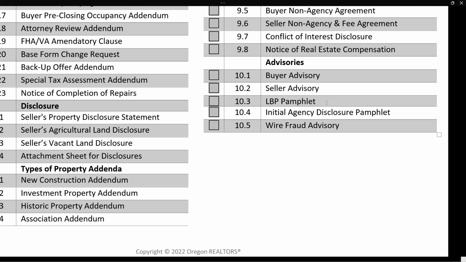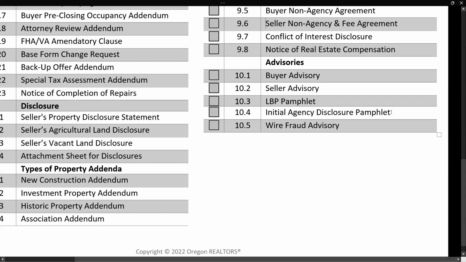So if the buyer is using a Spanish language form, you should be using a Spanish language Protect Your Family from Lead in the Home pamphlet. On the EPA's website, which you can reach through the lead hazard addendum that Oregon Realtors has on offer, you can find the various languages. They come in 12 separate languages. 10.3, however, the one in our library, is only in English.